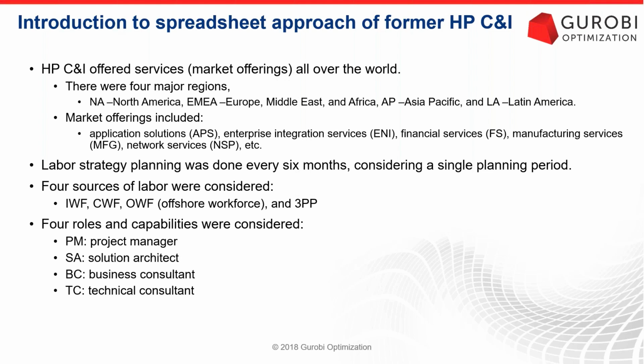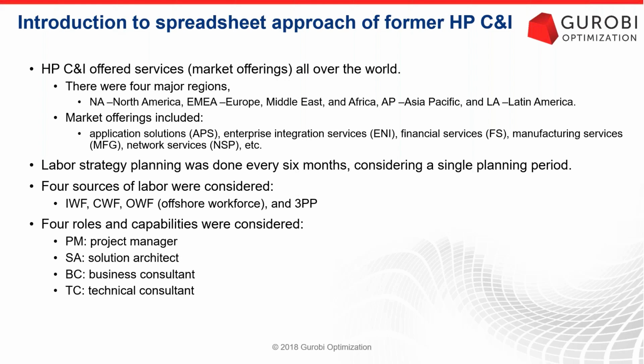So HP C&I offered services all over the world, and there were 4 major regions: North America, EMEA, which is Europe, Middle East, and Africa, Asia Pacific, and Latin America. And examples of service offerings in HP C&I were application solutions, integration services, financial services, manufacturing services, etc.